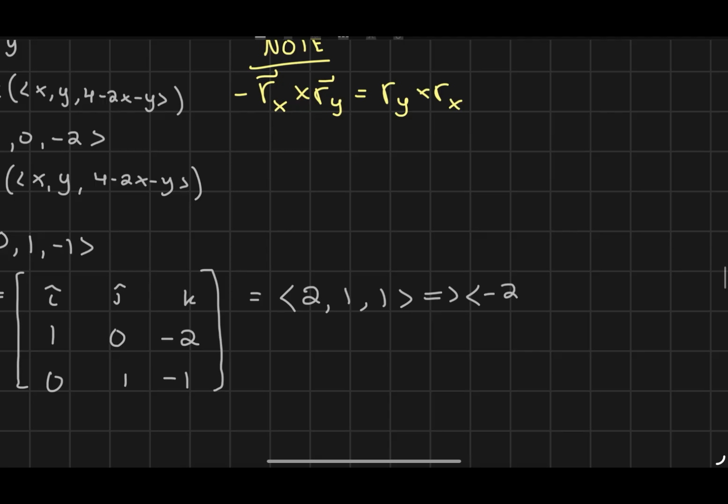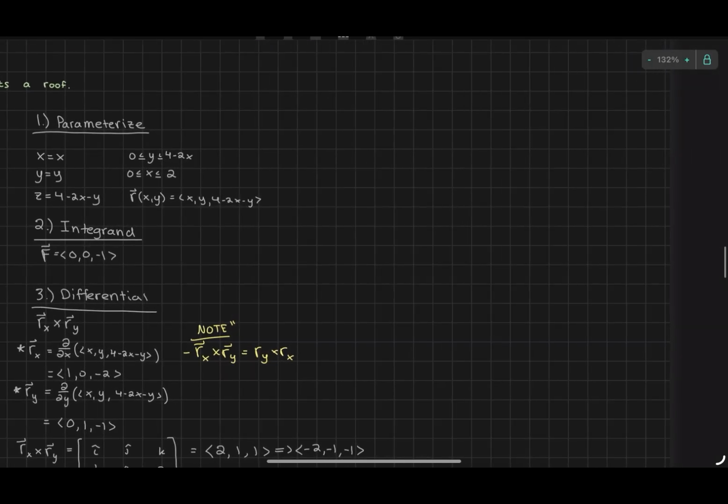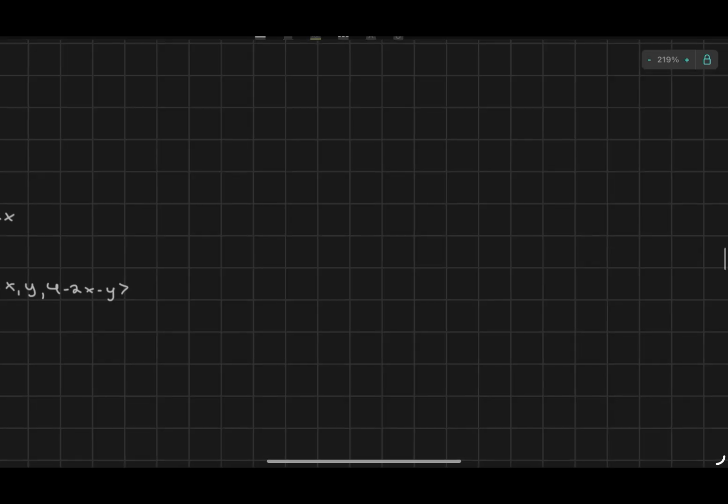So we have -2, -1, -1. And our little sanity check is, well, downward flux means in this scenario that our z value must be negative, and in this differential now our z value is -1, meaning it does conform to the kind of flux that we want. At the very end, step 4 is going to be our integral itself.